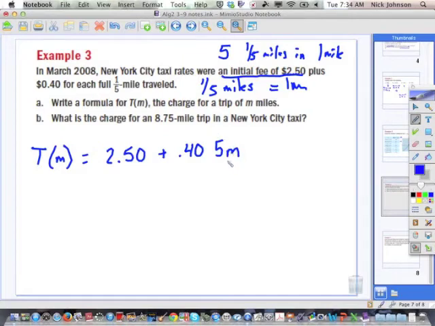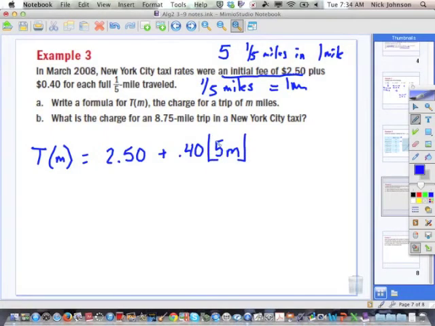But now this is where you've got to ask yourself: as soon as you start driving, are you getting charged for that 1/5 mile? Or do you get charged as soon as you get to that 1/5 mile? In a taxi cab, you don't get charged until you get to that 1/5 mile. So this function is a floor function.